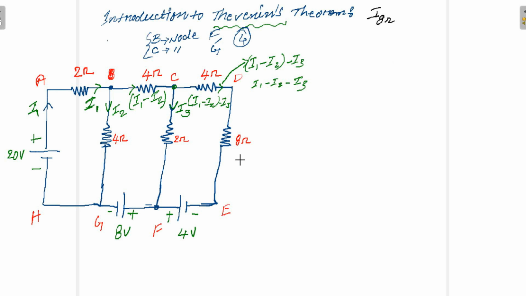So this current flows through this branch. How much current is flowing? I1 minus I2 minus I3. Like this we need to denote. Next, the same amount of current continues.